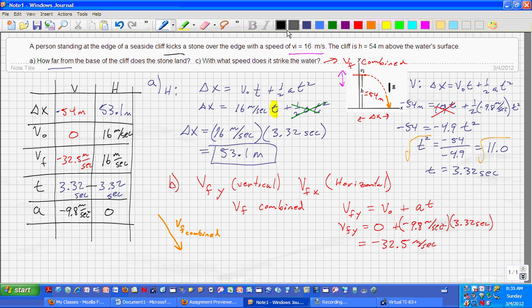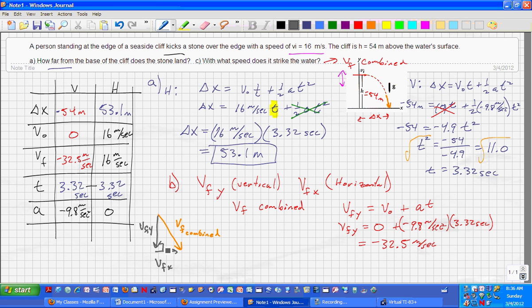And it's got a vertical component, which is that negative 32.5 meters per second. So this is VF in the vertical direction, and it's got a horizontal component, VFX, which is this 16 meters per second in the horizontal direction. So this is essentially a right triangle.